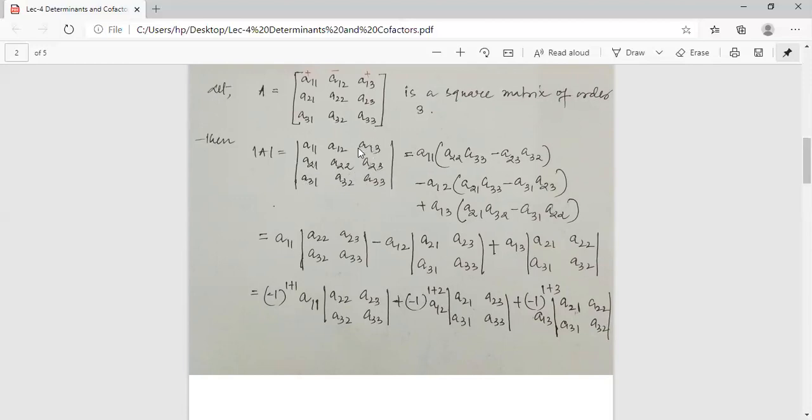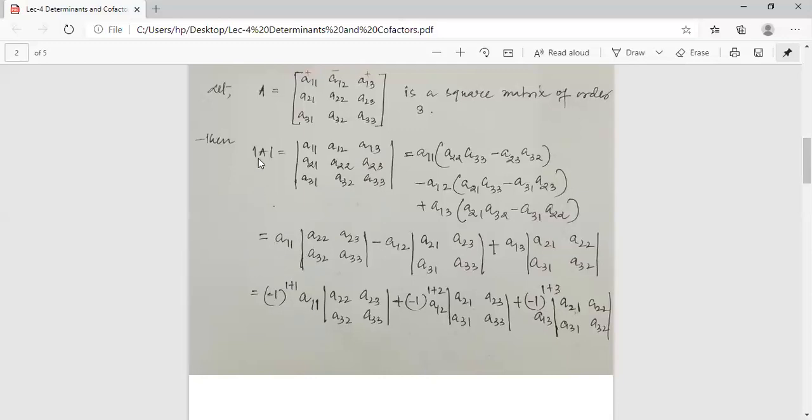Then with positive sign A13 into, now exclude the corresponding row and column of A13, then we have the determinant of this submatrix A21, A22, A31, A32, and its value will be A21, A32 minus A22, A31. Clear?